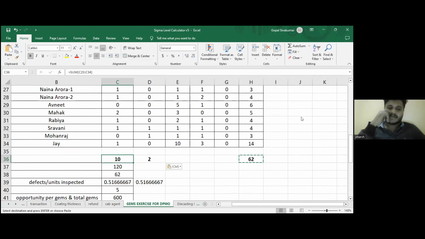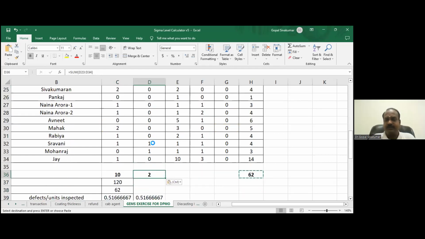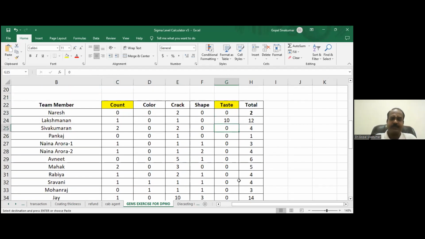Count defects are 10, 10, and this color defect is not a defect. The last one is taste. So 10 plus 10, 20. I think the taste defect came from Lakshmanan. So Lakshmanan doesn't like it. Yes, sir. So it is heavily affecting our sigma level.